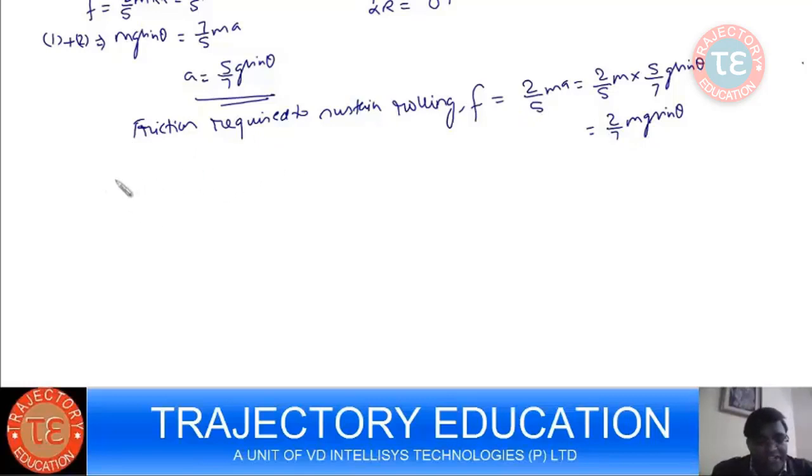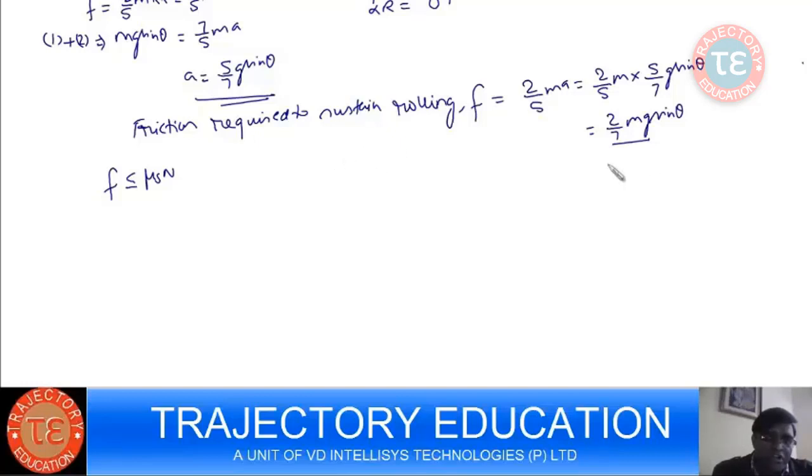Like, what I mean to say is, this F must be less than or equal to mu s N. Mu s N is the maximum friction which the interface can apply. And this friction required must be less than this value. Otherwise, if this friction required is more than mu s N, the surface will raise its hand. It will say, I can't sustain rolling.